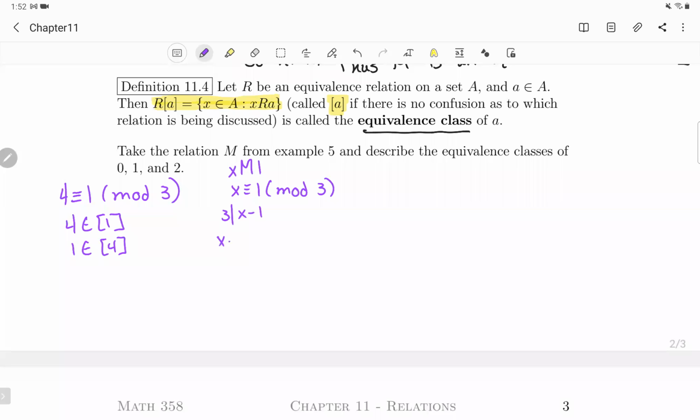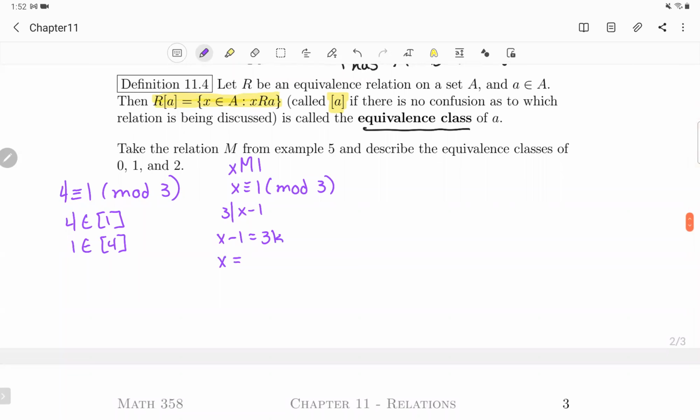That means X minus 1 equals 3K for some integer K. So what form does X have? 3K plus 1. So it's 1 more than a multiple of 3, which makes sense, because then when I subtract 1, it becomes a multiple of 3. So the equivalence class of 1 is all integers of that form.